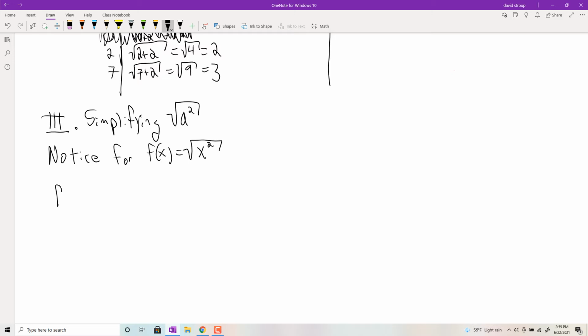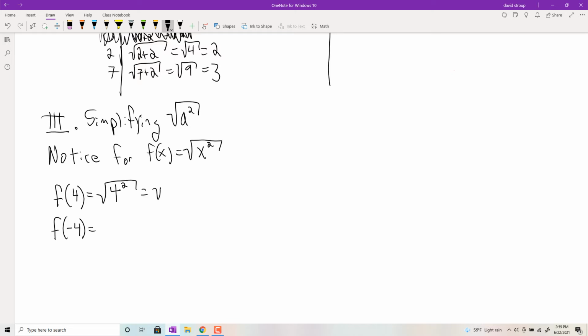So let's say that f of x is equal to the square root of x squared, and let's look at f of 4 and f of negative 4. Plugging 4 in wherever I see x, I get the square root of 4 squared.